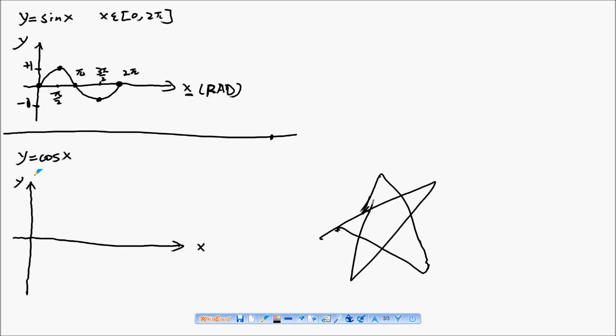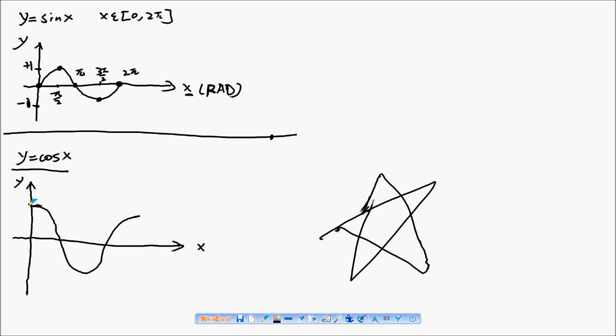Now let's sketch the cosine graph. The cosine graph and sine graph have a similar shape, but it's like we shift the sine graph a quarter period to the left, and we have this shape which is a cosine graph.